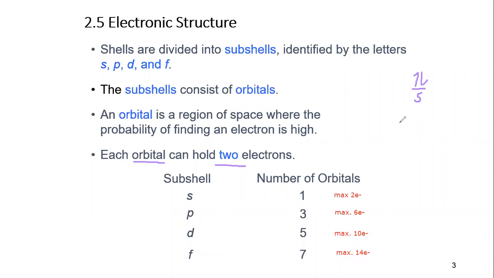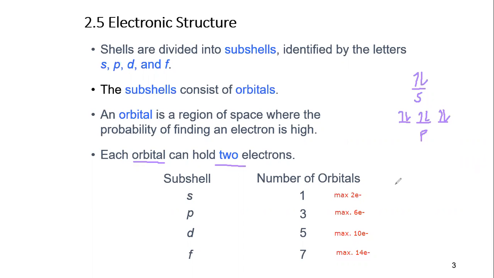And then the P subshell has 3 orbitals. And again, each one of these dashes can hold 2 electrons, and that's where it gets the 6 electrons from. And then D would have 5 dashes with 2 electrons in each, and then F would have 7 dashes, which would be a total of 14 electrons.